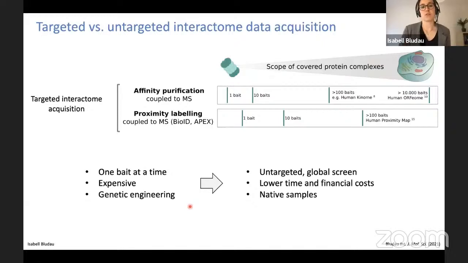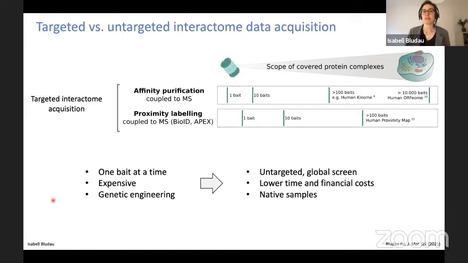This is similar, for example, compared to proximity labeling, where you fuse the bait protein to an active enzyme that is then labeling proteins that are in close proximity to the bait. And with this, you can get the surrounding proteins or the microenvironment of a protein in the cell.